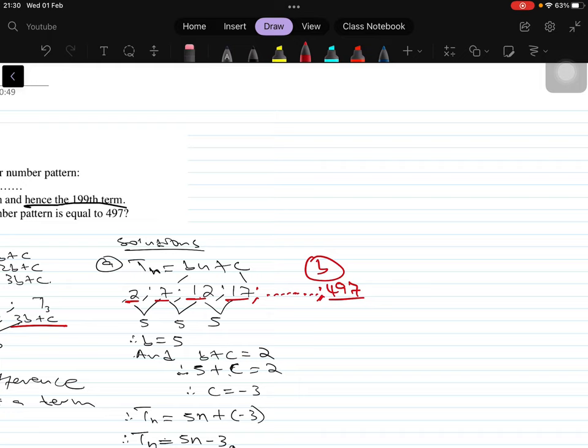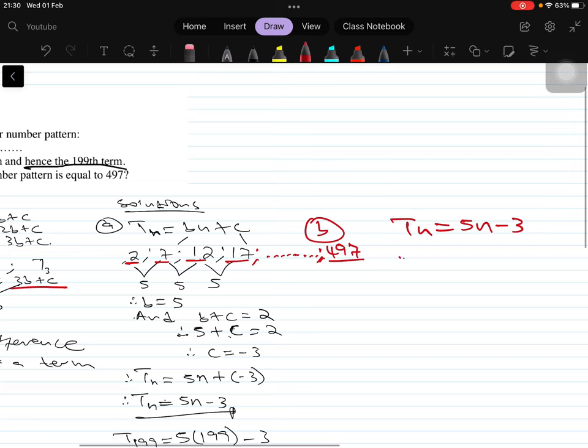So to solve this problem, you have the general term, which is Tn equals 5n minus 3. You already know that the value of that term is 497. So what is its position? That's n, right? So you need to just solve for n.